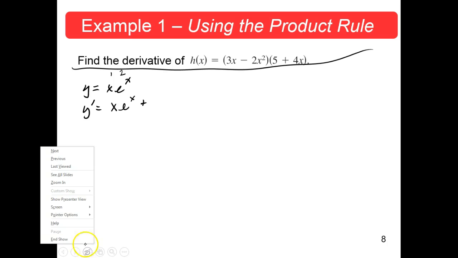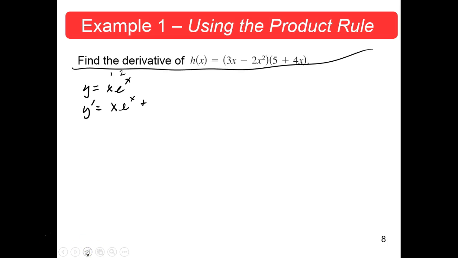I don't know what's going on here. Maybe I don't know if there's a battery in this thing or not. What's popping up on the screen?